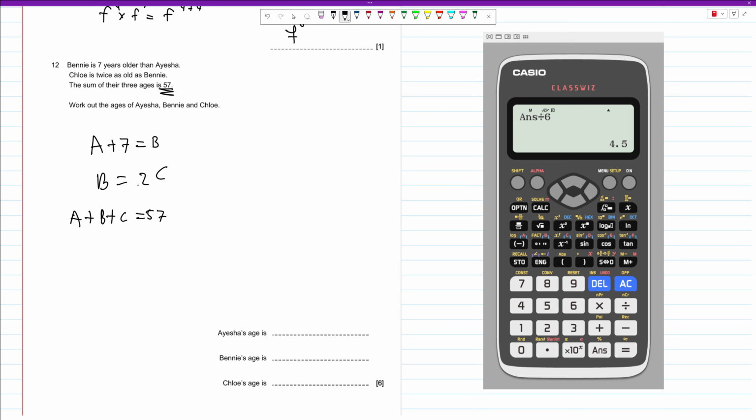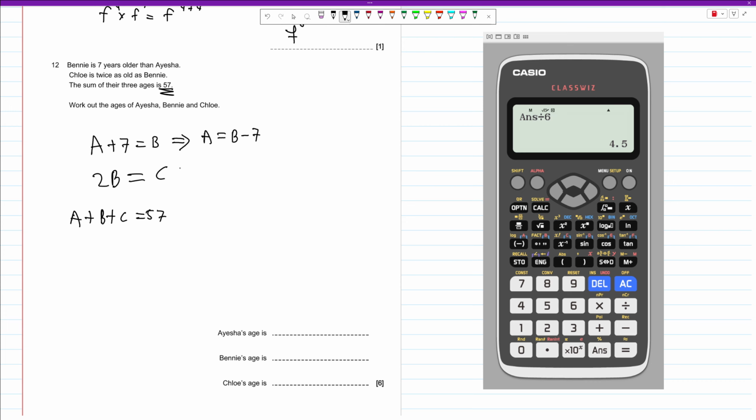No, we got it right the first time, or the second time. So sorry. Two B is C. There we go. Because twice of that person's age is that person's age. Brilliant. Okay. Now I can rewrite this as A is equal to B take away 7.